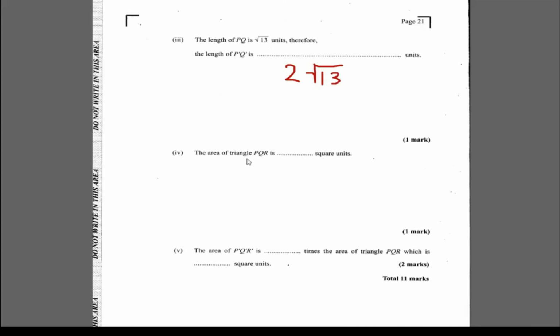Then it asks for the area of triangle PQR. Remember, it's a half base times height. So it's going to be a half the base, 2, times the height of 3. And so the area is going to be 3 square units. So this should be 3.